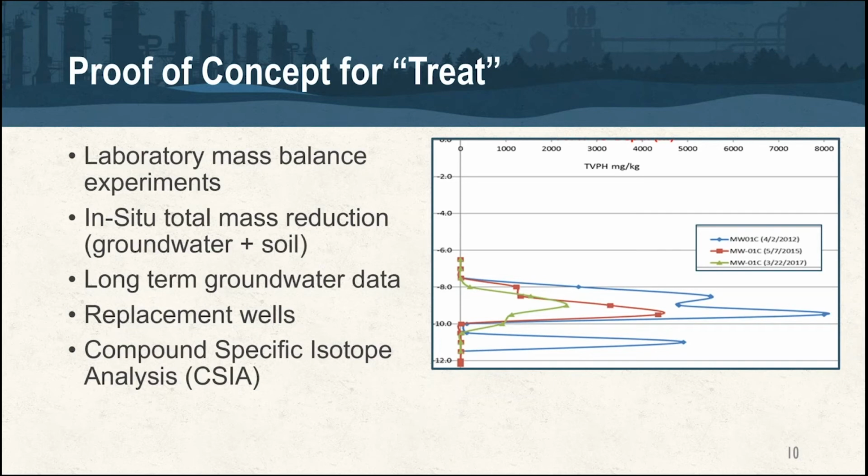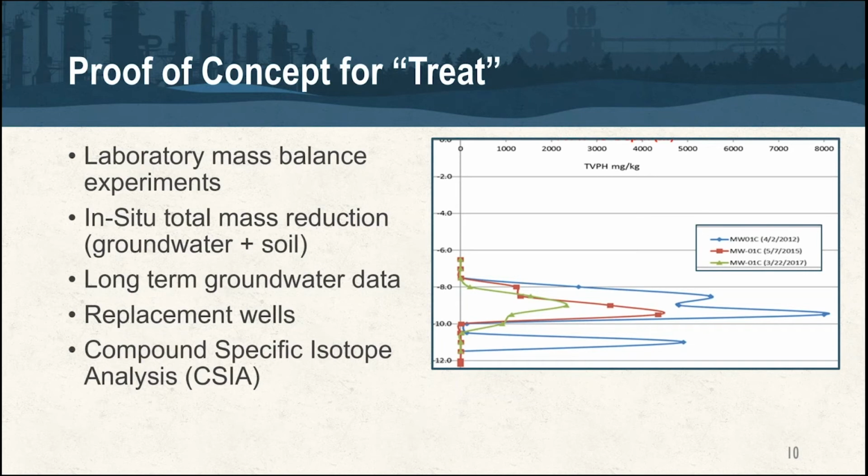And so a couple things. One is you look at the magnitude, right? You're talking about 8,000 milligrams per kilogram of TVPH at a peak concentration. So obviously NAPL. And you can see we got it down to around 2,000 in that zone. But what you have to really look at is the time frame there. You're looking at 5 years.